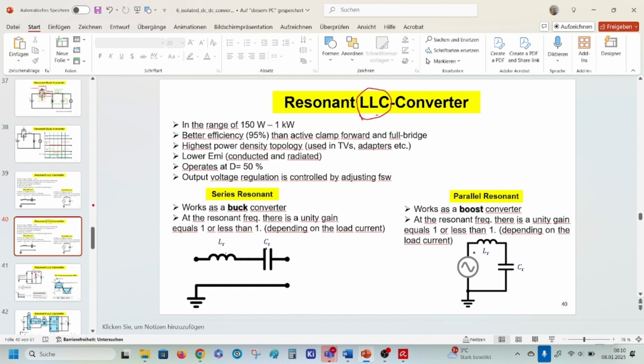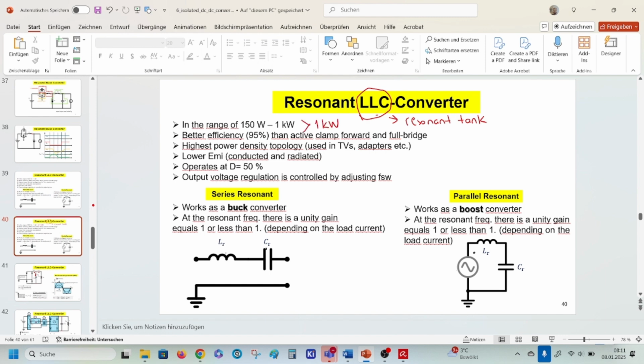This portion is called the resonant tank, and we use this portion of the circuit for better efficiency. The power range is actually more than 1 kilowatt.